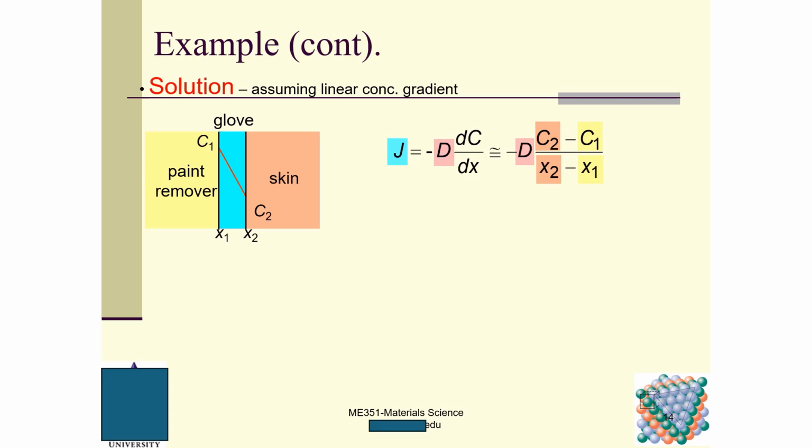We just use this equation, and we have J here; D, C2, C1, X2, X1 are given. X1 is the glove thickness. Here is the paint remover chemical, and here is our skin, because on the worker's hand, he or she wears the glove.